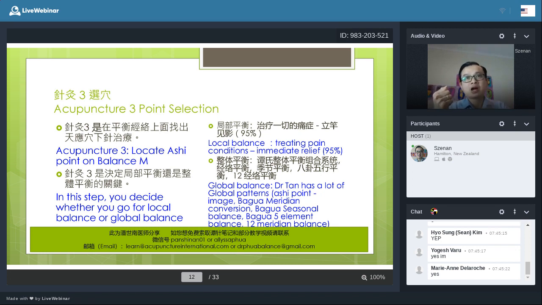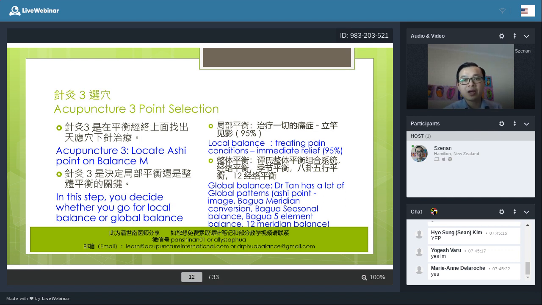Then they will recover, and then they can go back. They might not be able to go back. They have to change the job. Okay, that's overuse symptoms. For overuse symptoms, I use other methods too, and some overuse symptoms are very difficult. They really need to change the job. Some are easy to treat, not for every case. Okay, so Dr. Tan said his method doesn't work as well for overuse symptoms.